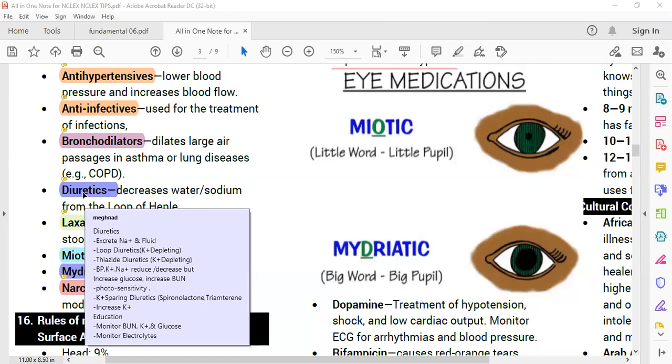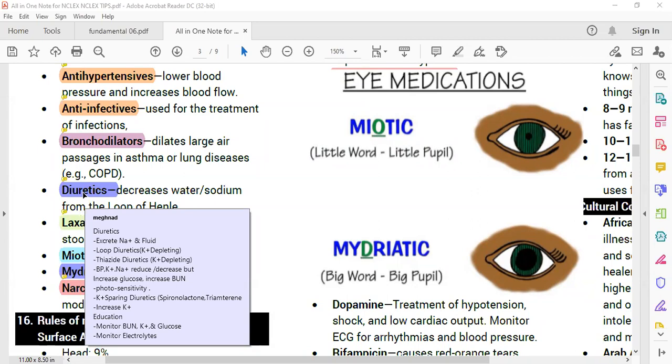Keep in mind, the loop diuretics are the most efficient and fast acting. Loop diuretics can be given by oral or intravenous route. If your patient needs a loop diuretic like Lasix or furosemide, watch for a decrease in the potassium level.